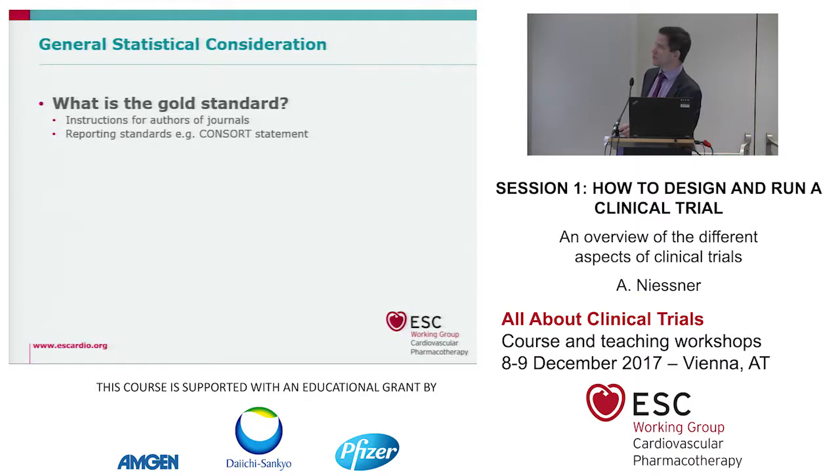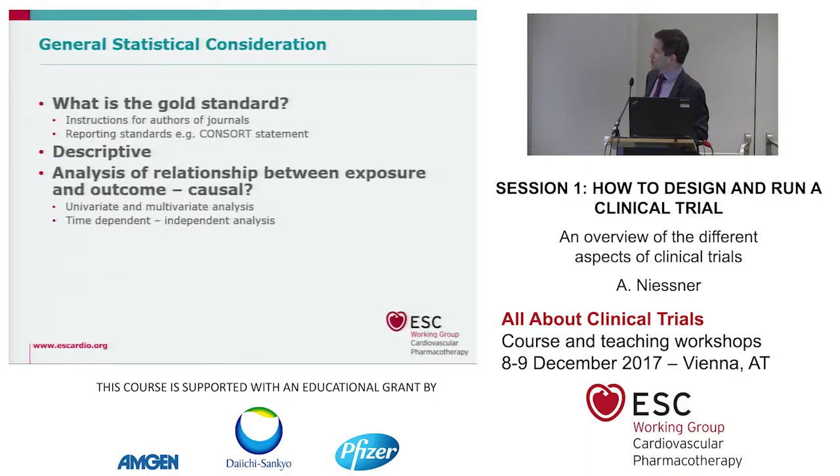But sometimes, if you're in a very specific field, you also should go at the beginning of your study to the instructions of journals to find out what is really the state of the art, what the scientific field wants you to do in terms of analysis. For example, genetics is very tricky, and if you do a genetic study, it's wise to go at the beginning to the instructions for authors of journals to find out what the journals really want you to do as analysis, so you end up with the right analysis at the end.